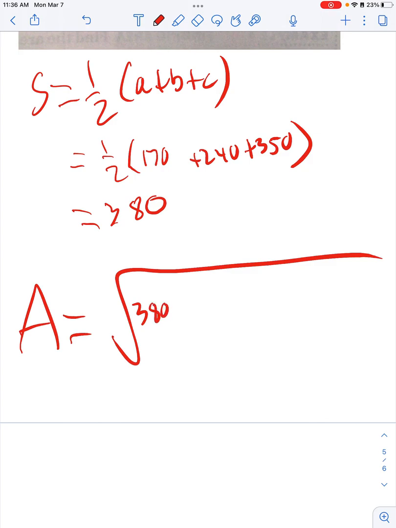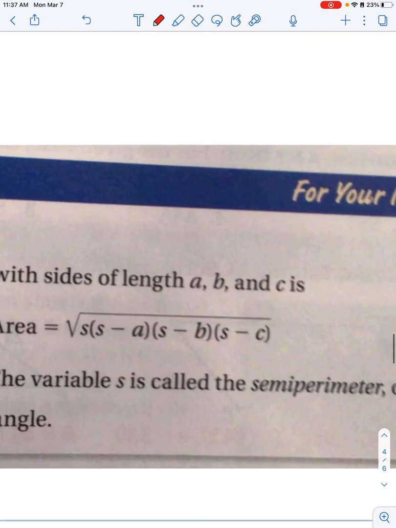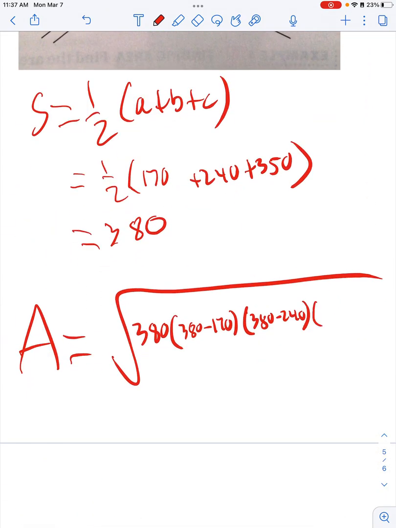The area is going to equal the square root of S, which is 380, times S minus A, so 380 minus 170, multiplied by S minus B, 380 minus 240, multiplied by S minus C, which is 380 minus 350.